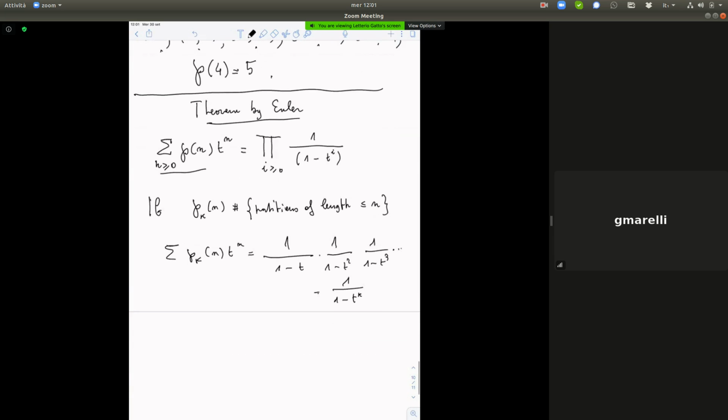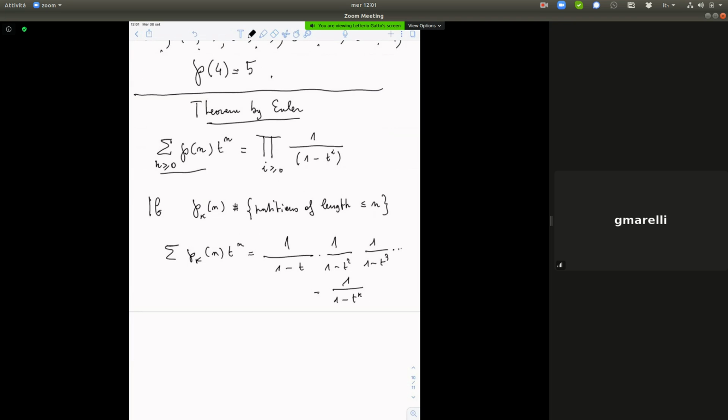And I promise you we will do some exercise on this. For instance, we can see how this formula works for all the partitions of length at most 2.